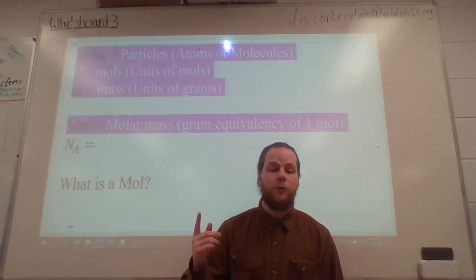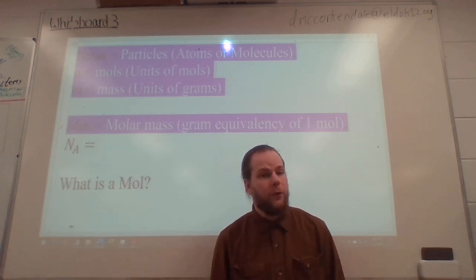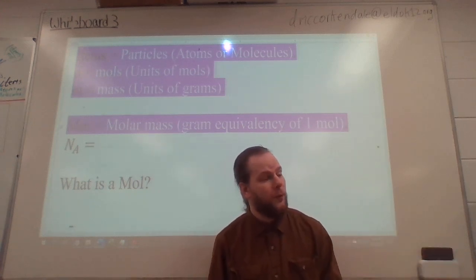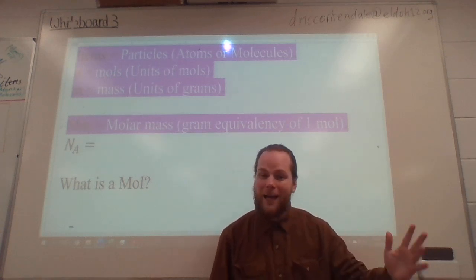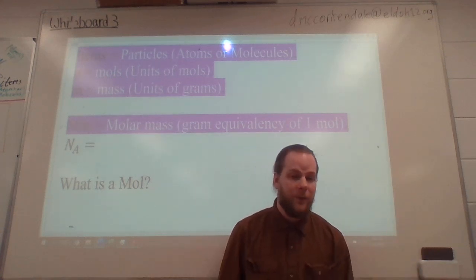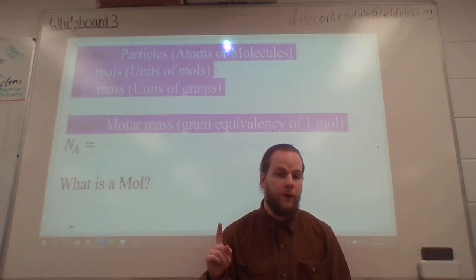That means that in order to have 1 mole of iron metal, you have to have 55.845 grams of iron. If you have that much iron, you have 1 mole of iron.